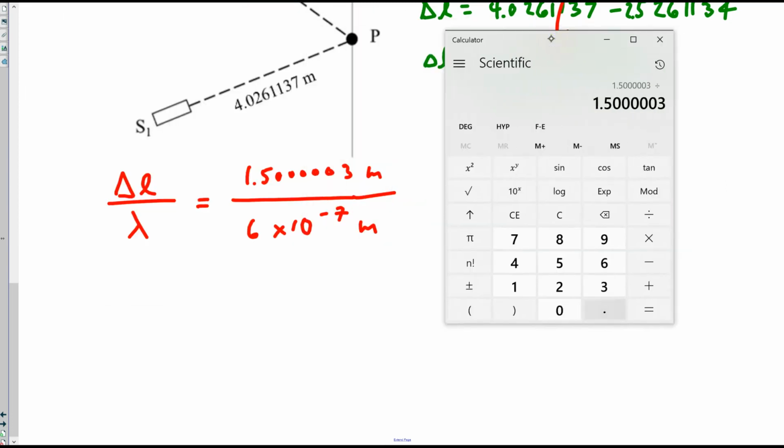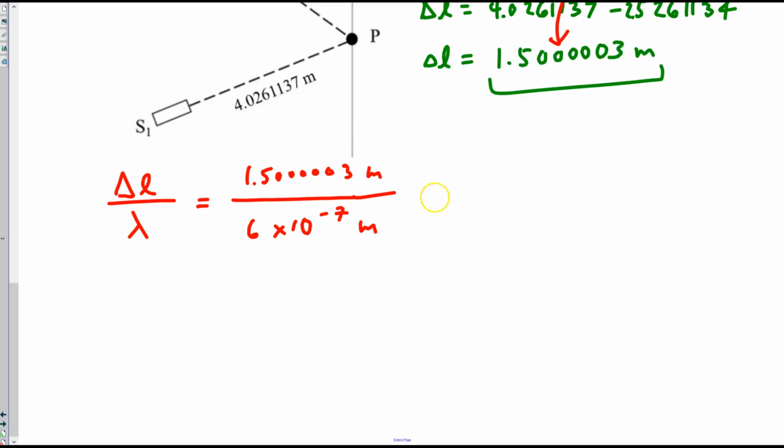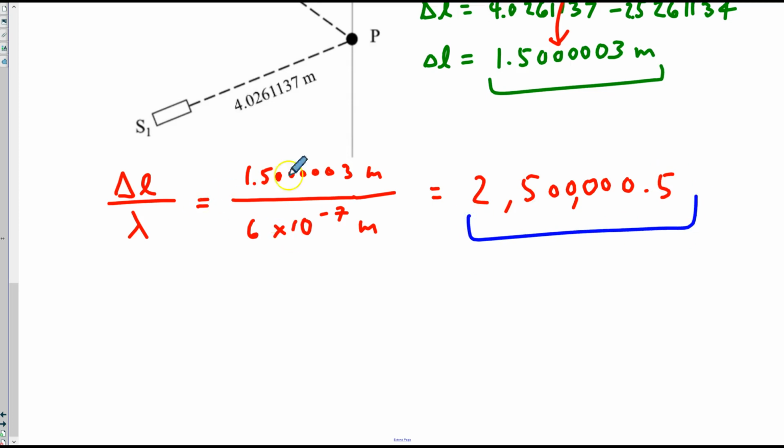Divided by 0.1234567, 7 decimal places. And look at what we have. 2.5 million and a half. That's how many wavelengths go into the path difference.